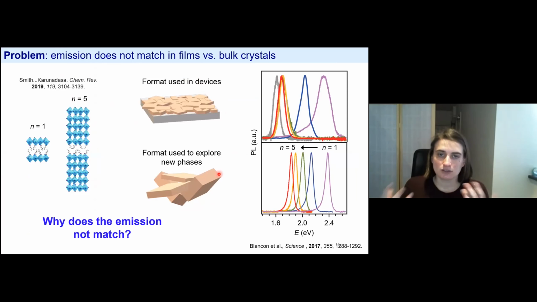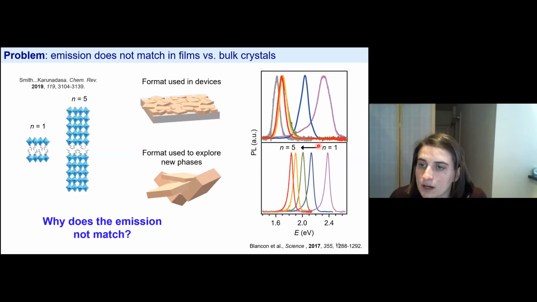So you get these nice freestanding crystals that you can learn fundamental properties about. However, some of these properties don't match what people see in thin films for what supposedly should be the same phase.